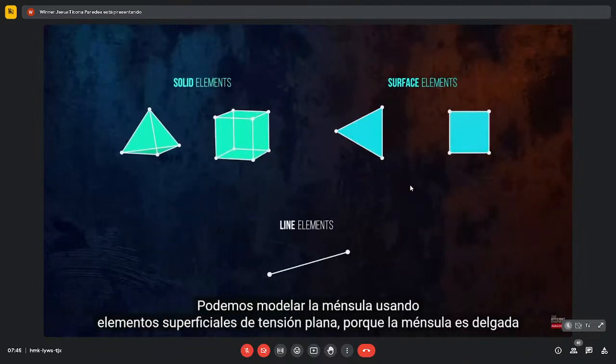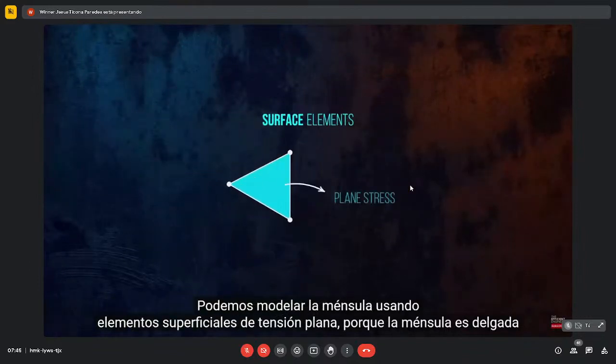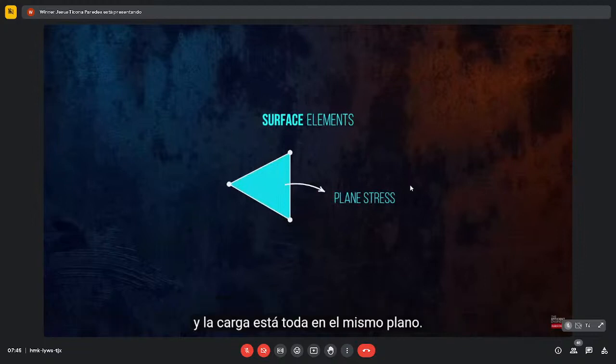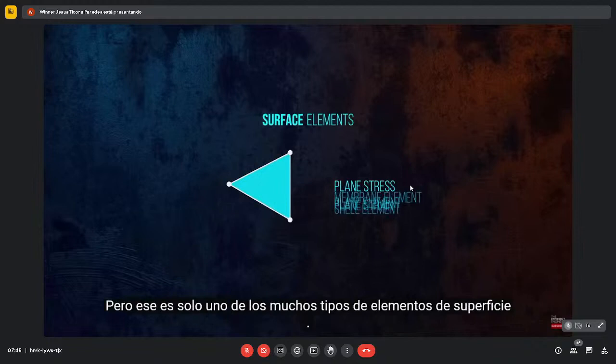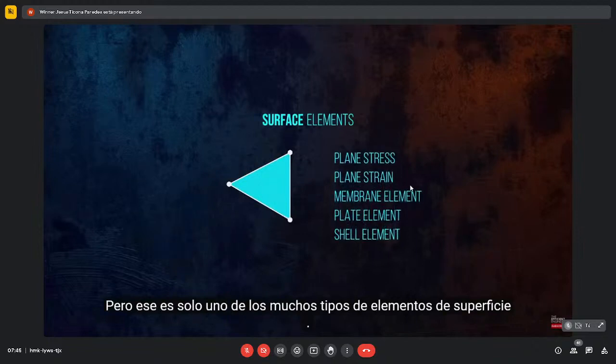We can model the bracket using plane stress surface elements, because the bracket is thin and the loading is all in the same plane, but that's only one of many surface element types.